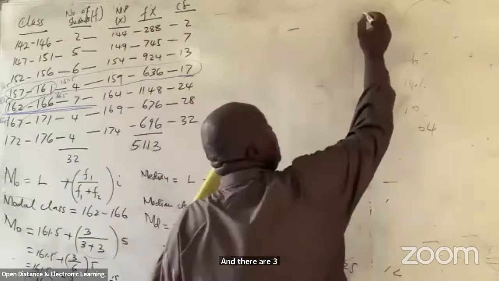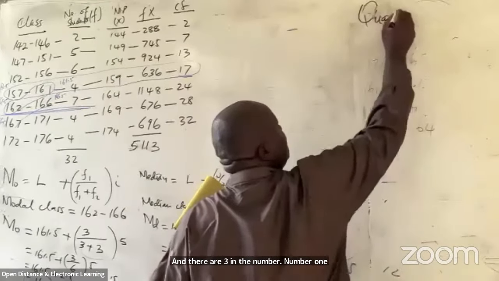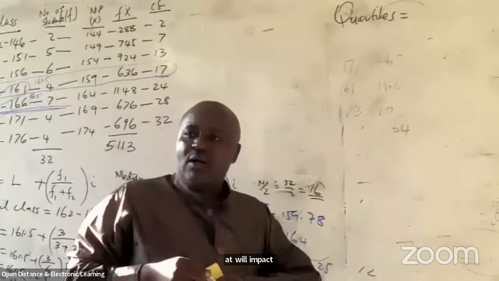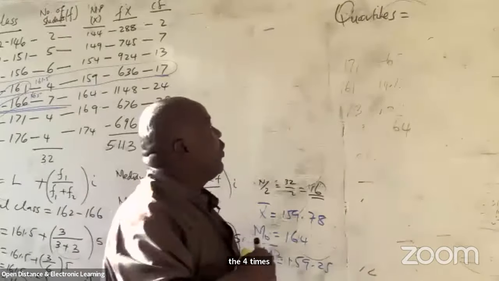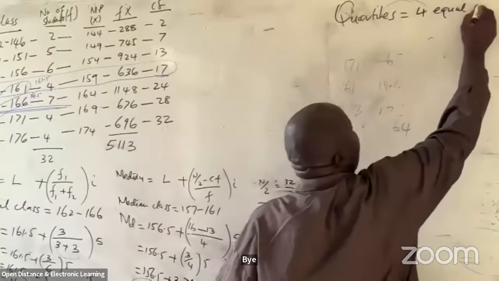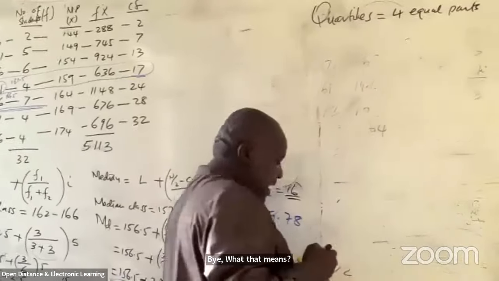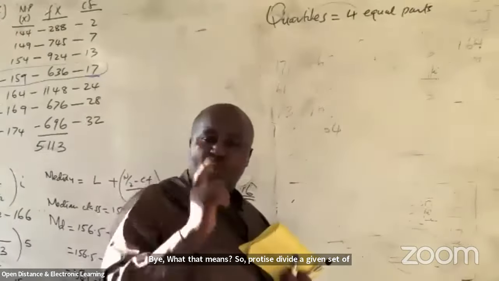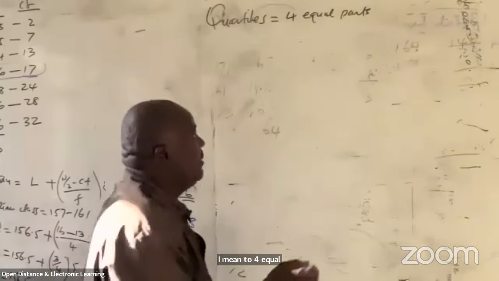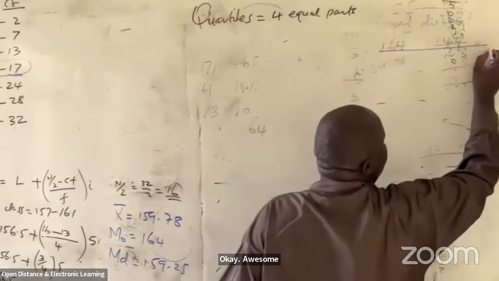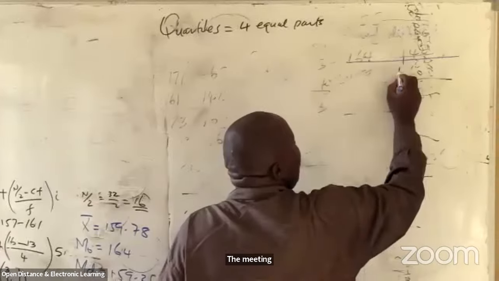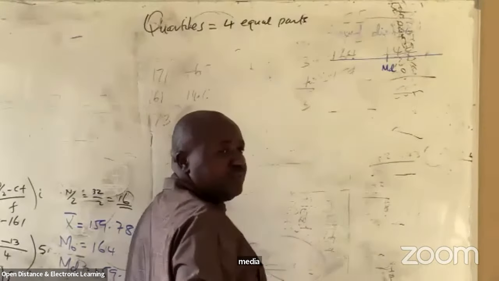Number one is what we refer to as the quartile. By the word quarter, quarter means 4. So quartiles divide a given set of data into 4 equal parts. If we borrow from the concept of the number line, the median will divide it into 2 equal parts, so I'll have this as my median.